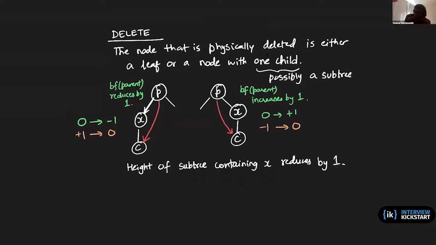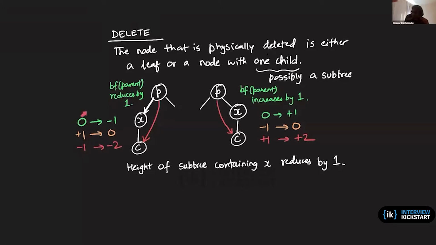And the third case is maybe it was -1, and it reduces to become -2. And here maybe it was +1 and it increases to become +2.